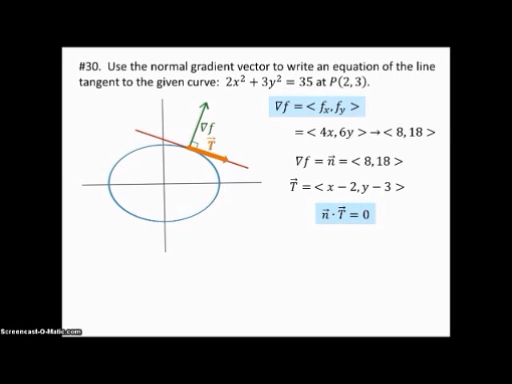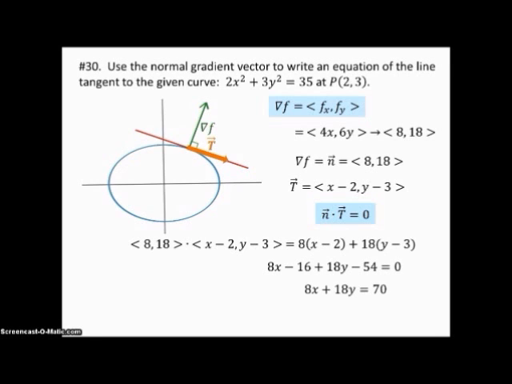And so then we dot n and t. This is pretty cool. And we set that equal to 0, because if we dot those two perpendicular vectors, we get 0, and then we simplify, and we get the equation of a line. Pretty cool, huh? So we're using our three-dimensional method to do a two-dimensional problem.